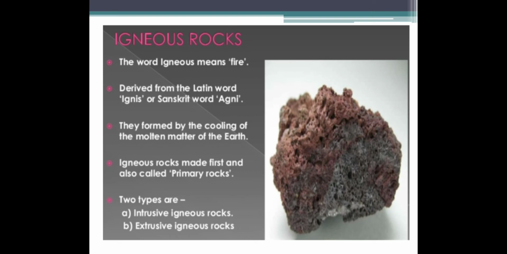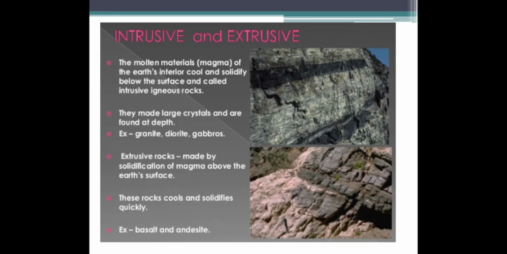Now again in igneous rocks, we have two types of rocks. They are intrusive igneous rocks and extrusive igneous rocks. What is the difference between them? You can see a picture there of the rocks. The molten material, magma, of the Earth's interior that cools and solidifies below the surface is called intrusive igneous rock.